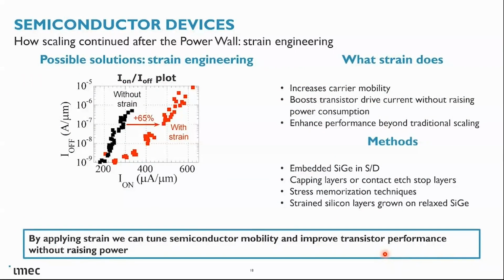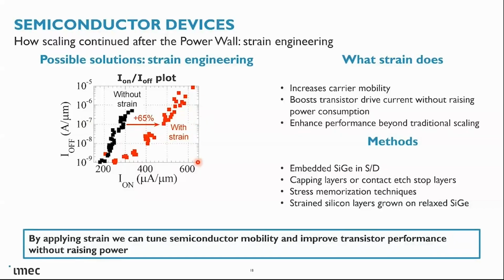Now, as I said, there are many strategies to overcome the power wall. One of these is strain engineering, which is what extended CMOS scaling beyond the 90 nanometer and 65 nanometer nodes.